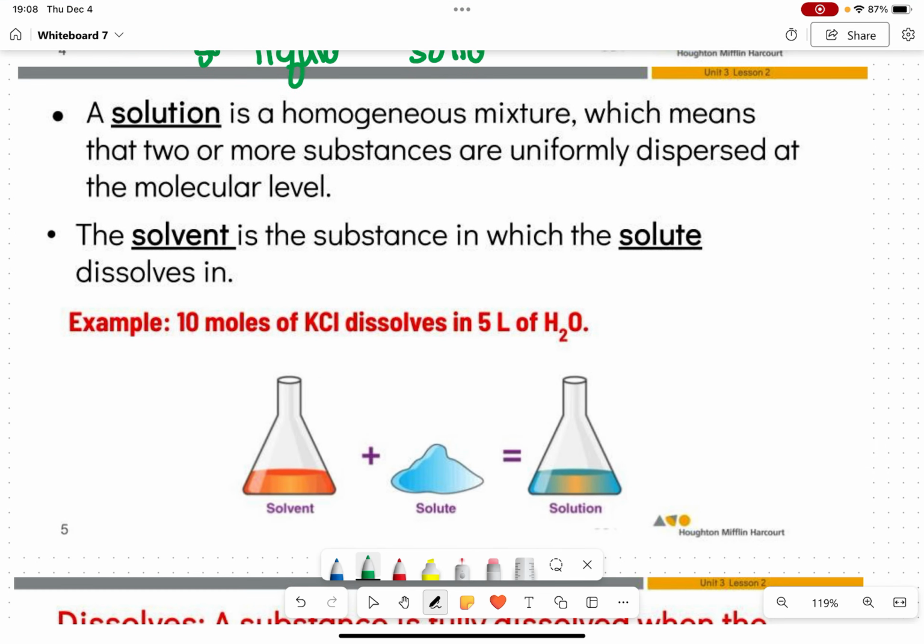An example of a solute and solvent is 10 moles of KCl dissolves in 5 liters of H2O. The liquid is the solvent, the 5 liters of H2O, because based off of the sentence, the 5 liters of H2O is breaking down the 10 moles of KCl. So your solvent is your 5 liters of H2O, and then your solute is the 10 moles of KCl.